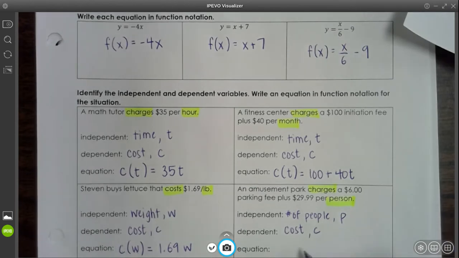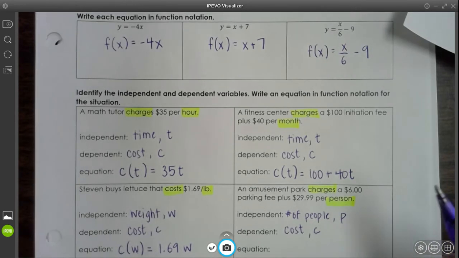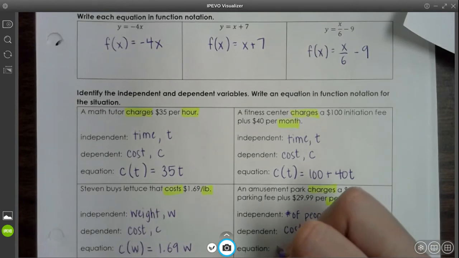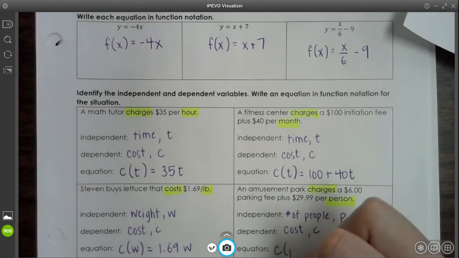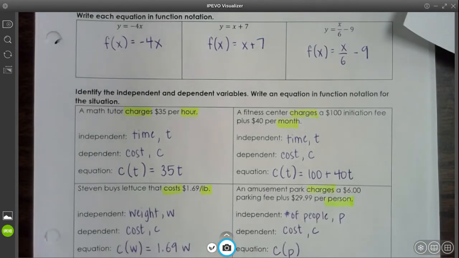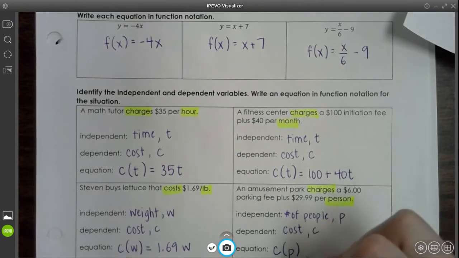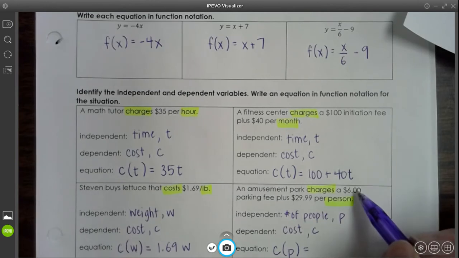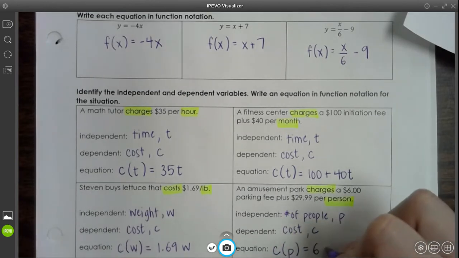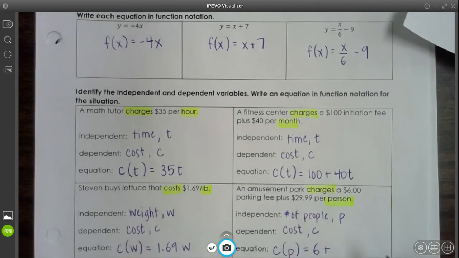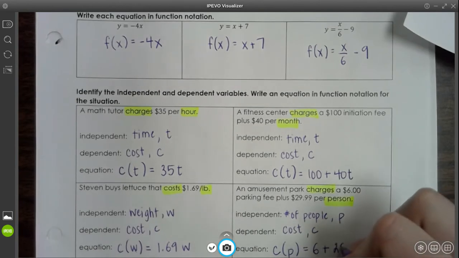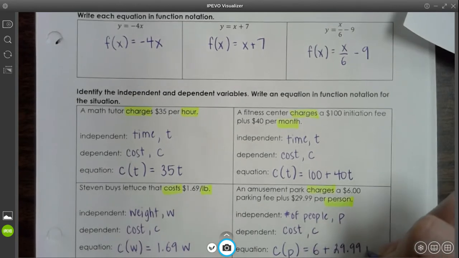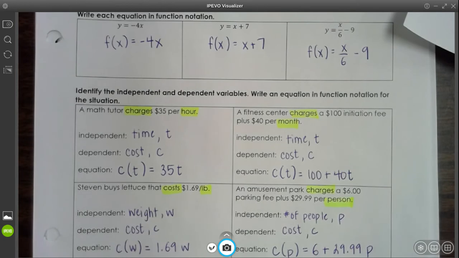So for the equation in function notation, we're going to start with the dependent variable C in terms of the independent variable. So the cost depends on the number of people you bring. And it's $6 to park plus $29.99 times the number of people that you have. And there's your equation for that one.